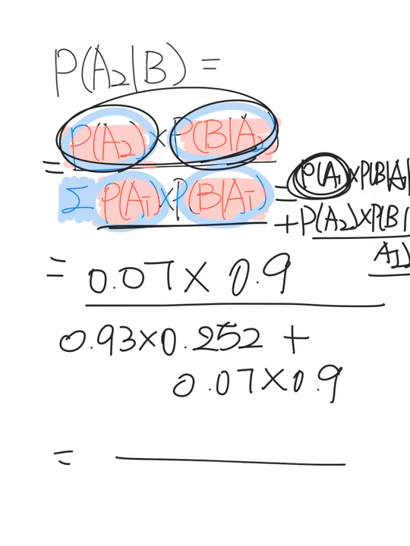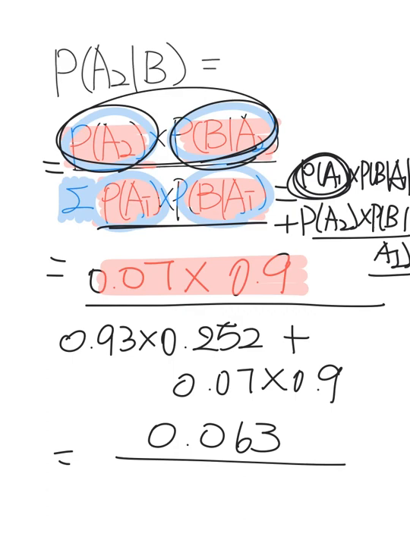I told you it is the most difficult one. Give me this one, 0.07 times 0.9, please. 0.063.